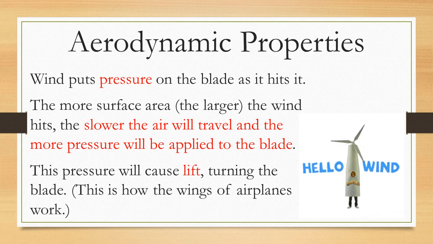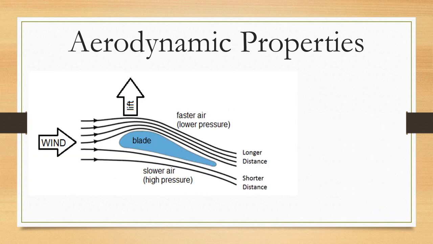So let's think about that here. All right? So you can either think about an airplane wing or a wind turbine blade. Okay? The same principle applies to both. You've got the blade here in this example, or the airplane wing, let's say, and you see the wind moving over the blade.